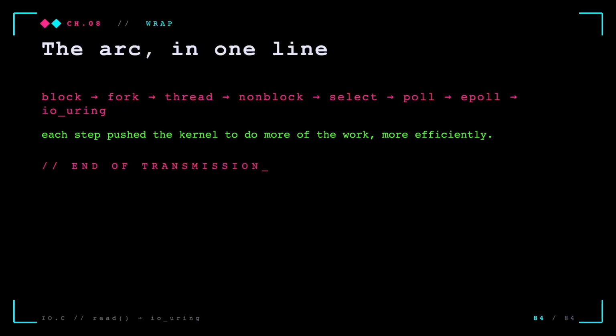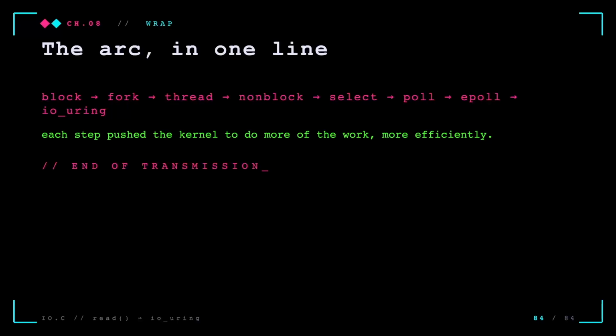So we started with read, just a simple read, blocking the thread. We added forks. We added multiple threads to scale things. Then we discovered some patterns and counter-patterns like the busy poll trap. We added select, poll, epoll, so that the kernel would notify us when the data is ready.